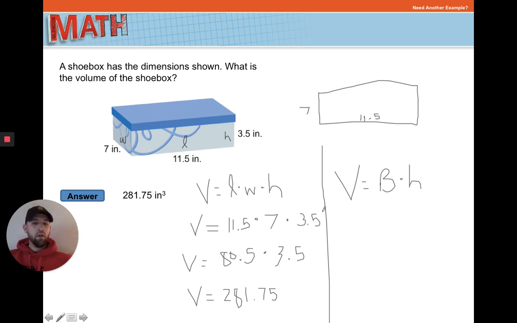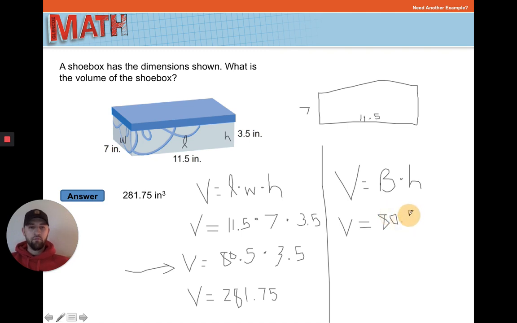All right? We did this already. We figured out what these two multiplied were, and it was right down here in this step. That was the step that we multiplied. But if you want to multiply again, 7 times 11.5, you should get 80.5.